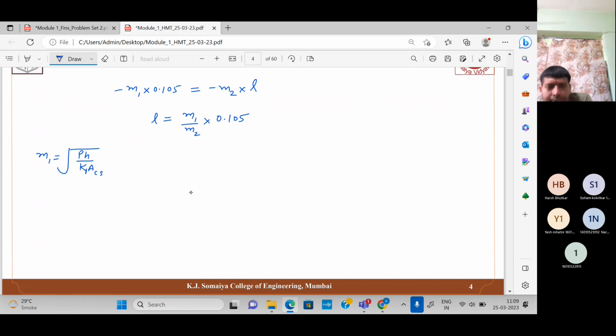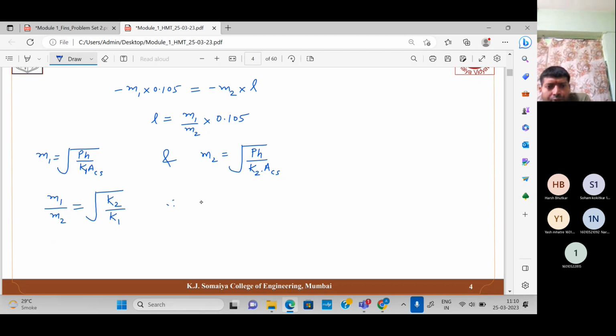And this m2 for the copper rod will be equal to root of hP by K2 into A cross-section. This is the thermal conductivity for the copper. Now, just take the ratio. So I can say this m1 by m2 is equal to root K2 by K1.